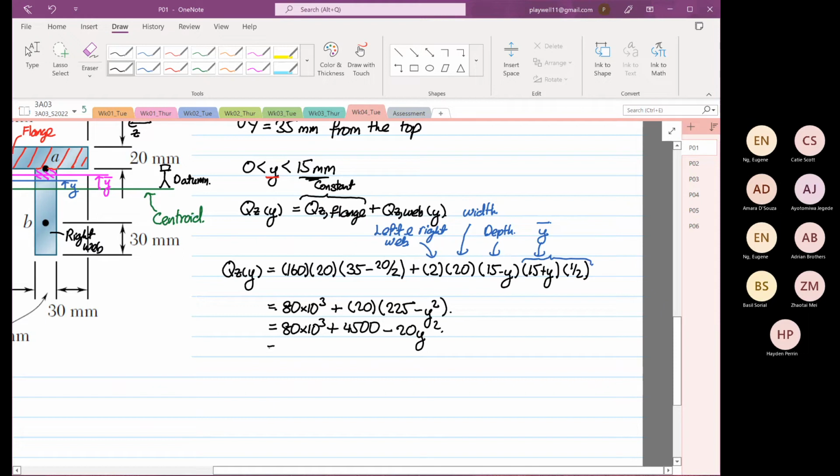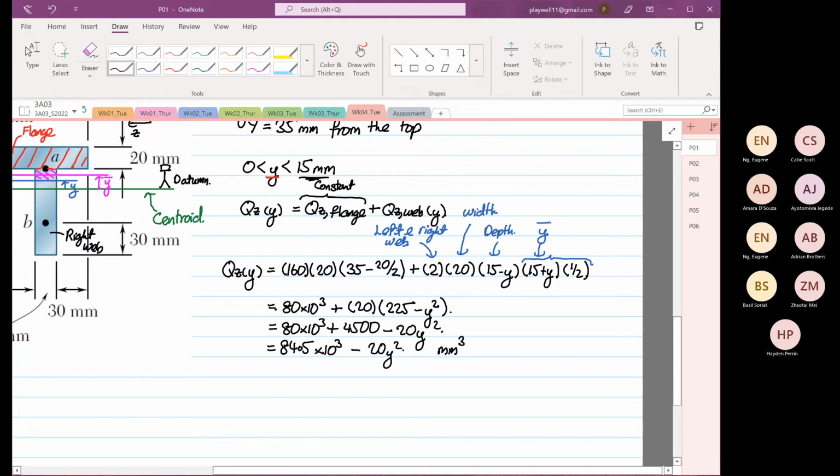So this will be equal to 80 times 10 to the power 3 plus 4500, which is 84.5 times 10 to the power 3 minus 20 y squared.